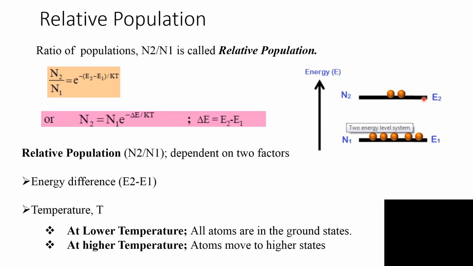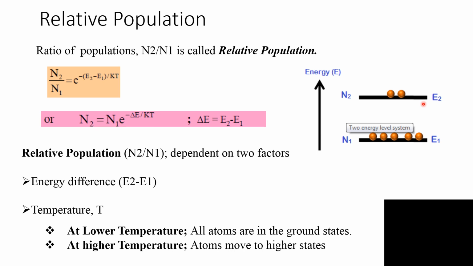We can find the population of E2 with respect to E1, or the population of E1 with respect to E2. In simple words, for example, we compare the population of Dera Ghazi Khan with the population of Multan. This comparison is actually relative population.